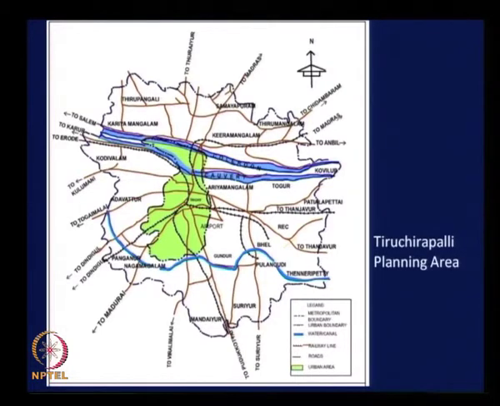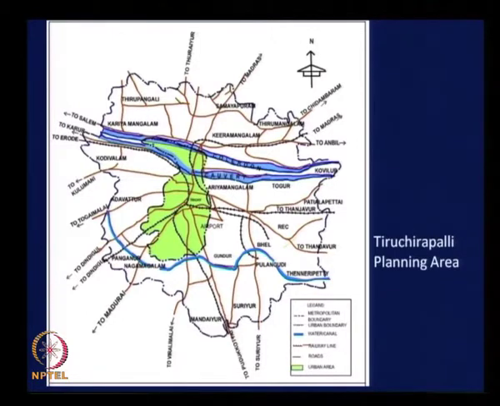You must have some reconnaissance survey and identify the places around the urban area from where people commute to the city center on a regular basis. That means such people are contributing to the city's traffic, congesting the city's roads, right? So their movement is unstoppable because they commute on a regular basis.